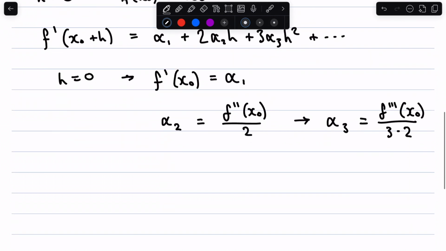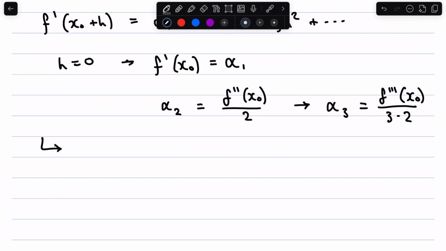And so we can leave this to our general result, which is that alpha n is equal to f differentiated n times at x0. Like I said at the start, we know all the derivatives of f at the point x0, so this is a known value that we already have. And then we'd just divide that by n factorial.